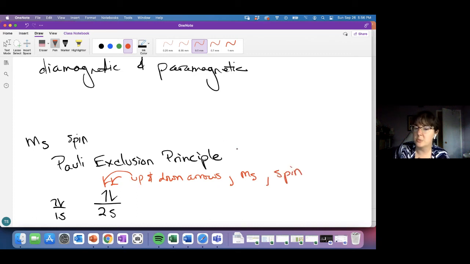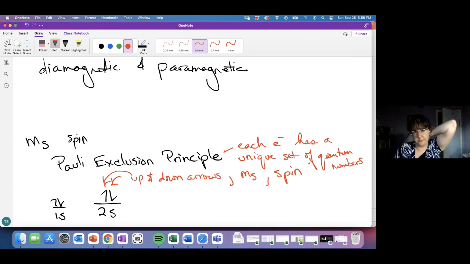And your Pauli exclusion principle is that idea that each electron has a unique set of quantum numbers. And that is also still a valid thing to show you in orbital diagrams.